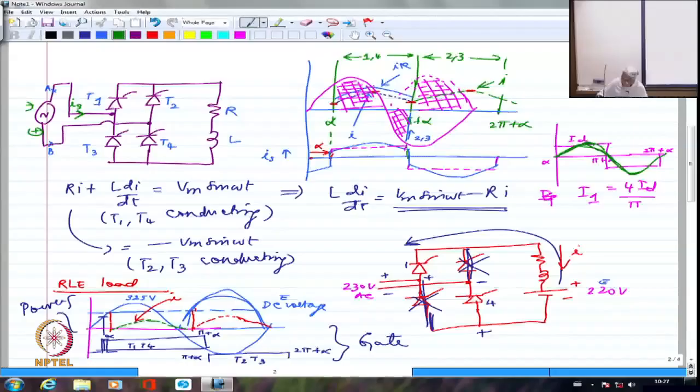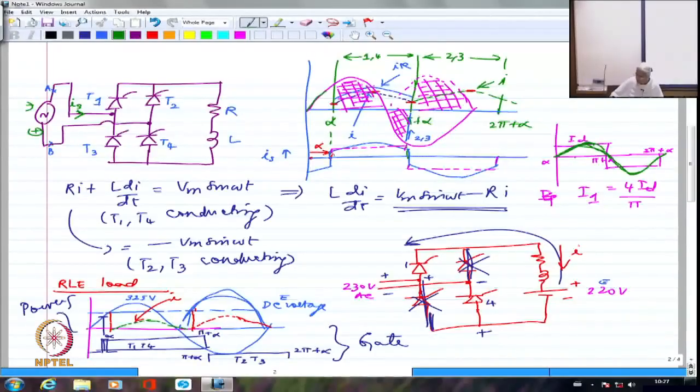So I'm going to have a fundamental exactly coinciding with the zero crossing of the square wave. So if I look at the square wave versus the sinusoidal waveform, both of them will have the zero crossings coinciding everywhere, positive going, negative going, and so on and so forth. So if I try to look at this voltage, what I have, versus this current, how they are displaced from each other.